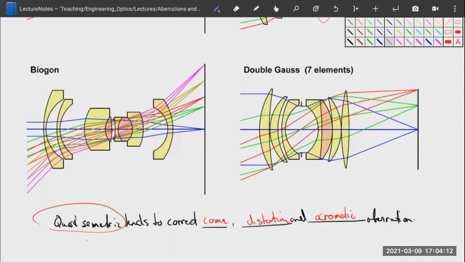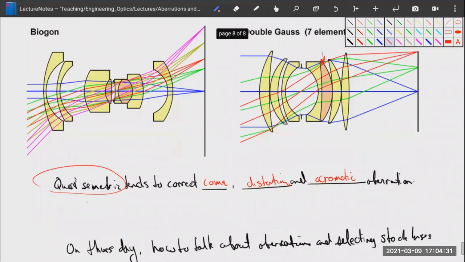And alternating and adding positive and negative lenses can correct spherical aberration and field curvature. And then adding different lens materials, like are here where we have different indices of refraction, helps correct chromatic aberration.